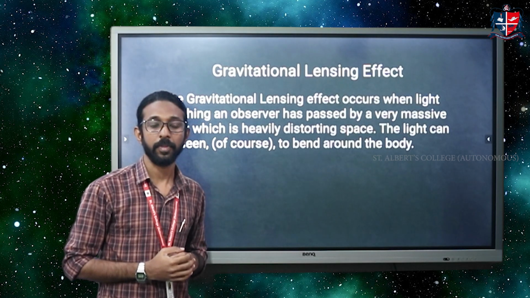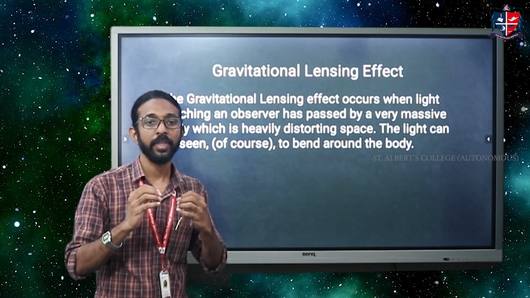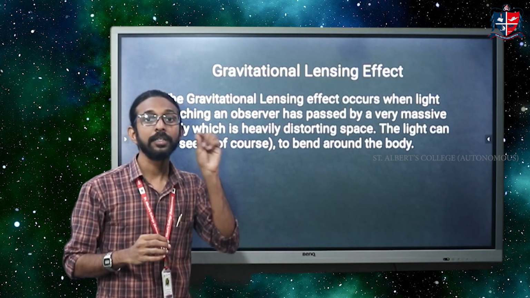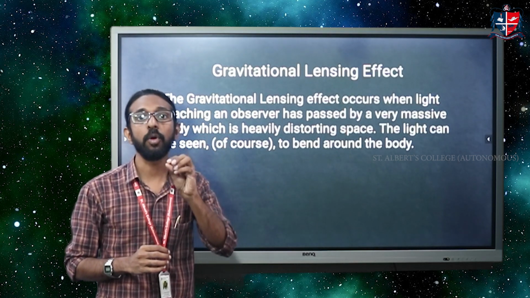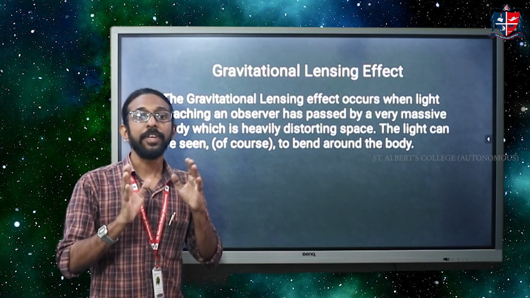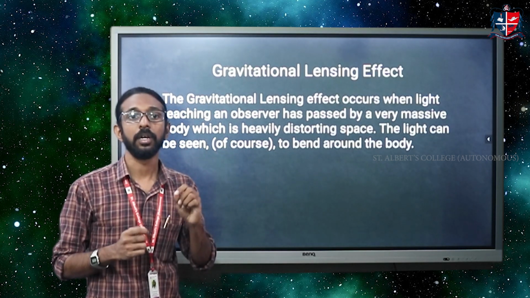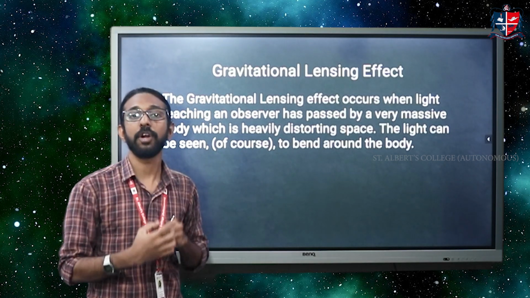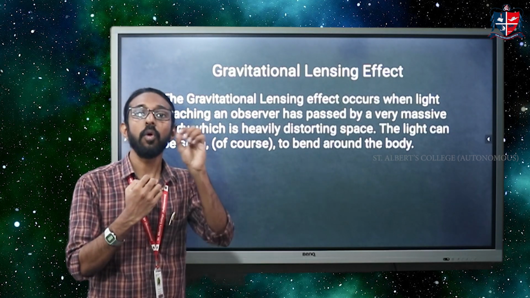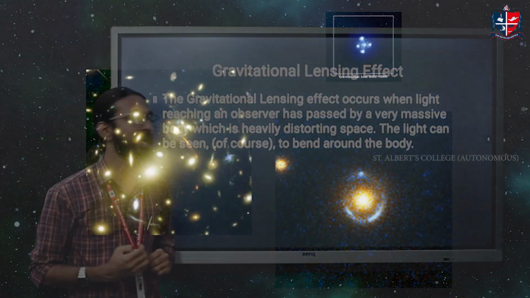The black hole will warp the space-time around it, and the light will have to go through this warped space-time in order to reach Earth. Sometimes the light that should not reach Earth because of the object in front of us will actually reach Earth because it can bend around that warped space-time, right?